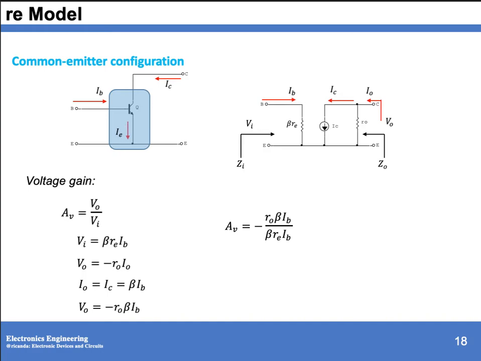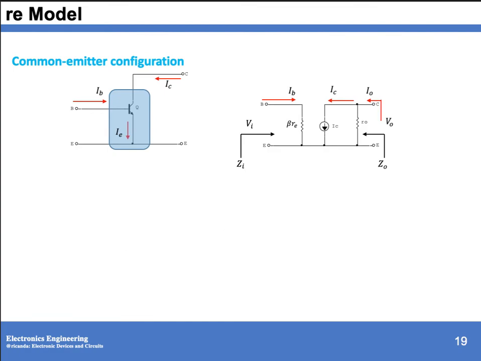So IB and IB cancel out, and we have only negative RO over RE. Then for the current gain, which is equivalent to IO over the input current IB, and your IO is your IC, which is equivalent to beta IB. Therefore, current gain is equivalent to your beta. Without an RO, your output impedance will be infinity.